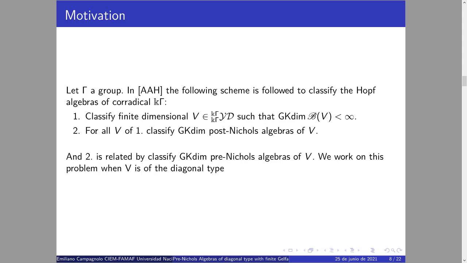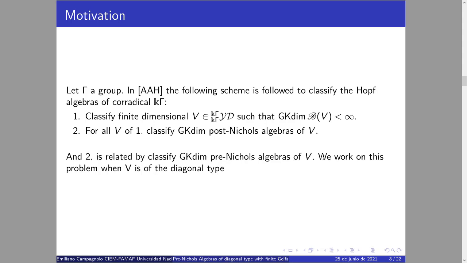And second, for all B of 1, classify post-Nichols algebras of B with finite Gelfand-Kirillov dimension. And 2 is related to classifying all Pre-Nichols algebras of B with finite Gelfand-Kirillov dimension.